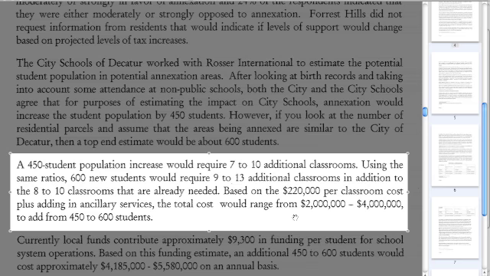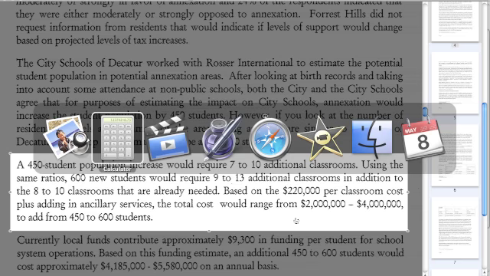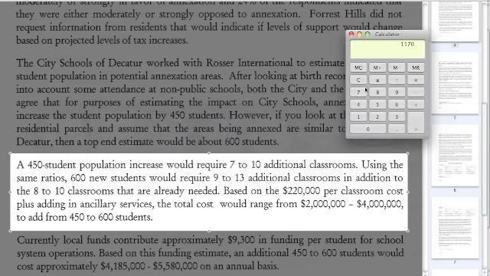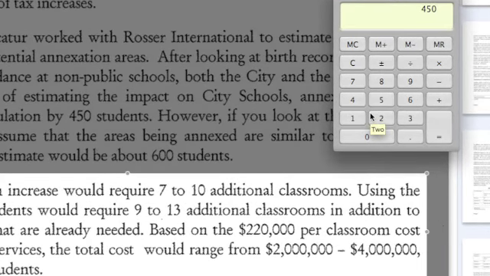A 450 student population increase would require 7 to 10 additional classrooms. All right, let's do a little math here. 450 divided by 7 additional classrooms. How many students are we putting in a classroom? 64 students per classroom. That's obviously way off.